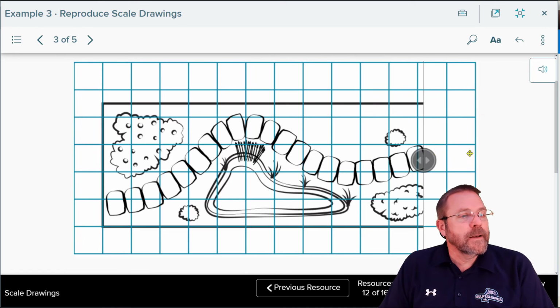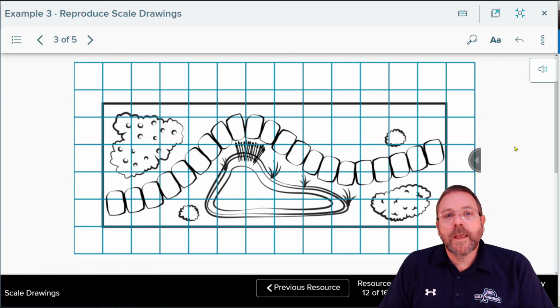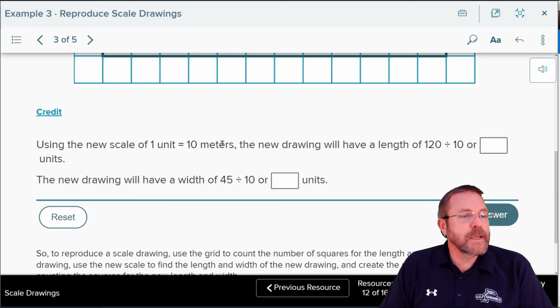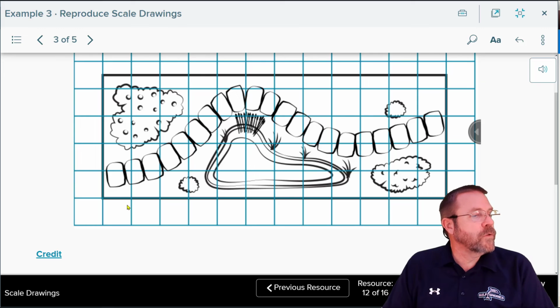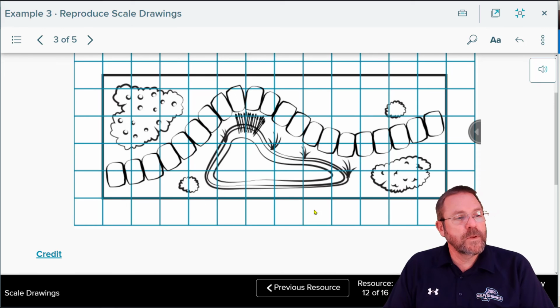To get to that new scale drawing, all we have to do is take the actual sizes that we had and divide them by the 10 for that 1 to 10 ratio. So 120 divided by 10, that gave 12, and if you count them out, you have 12 units in this width here.